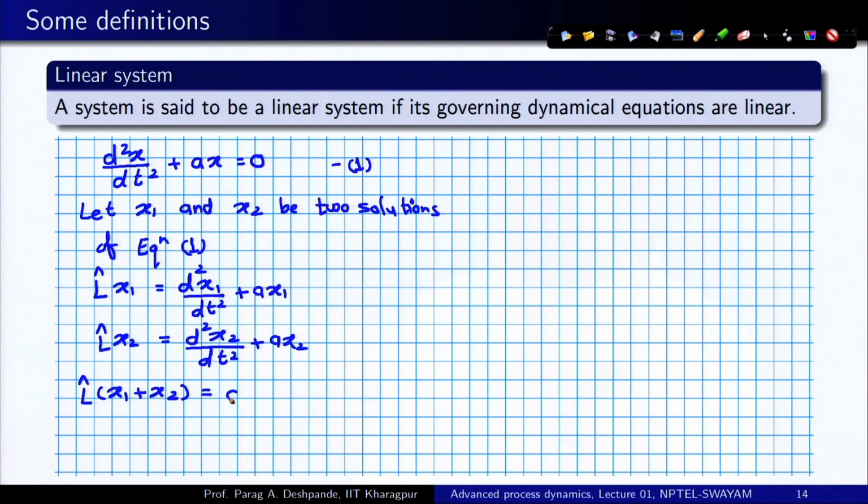So, what would this be? d 2 by dt squared plus a, and this must be operated on x 1 plus x 2.